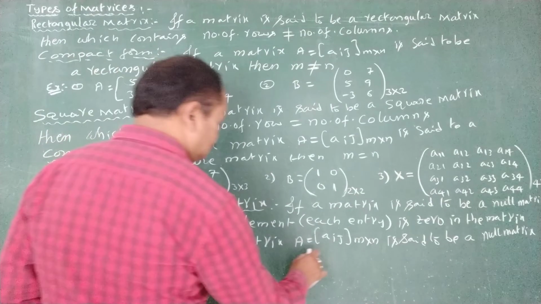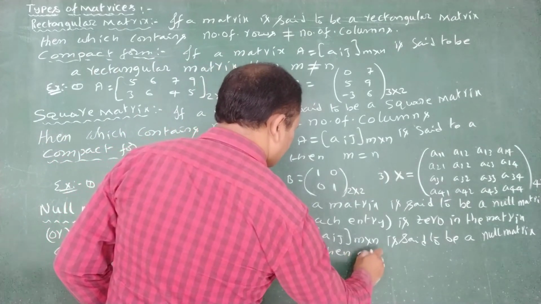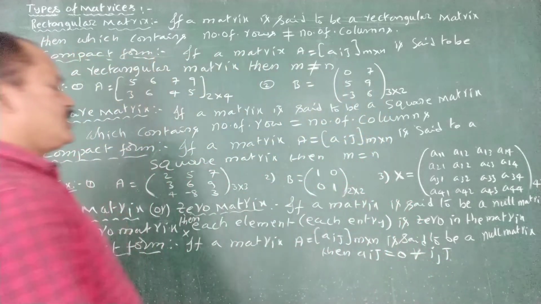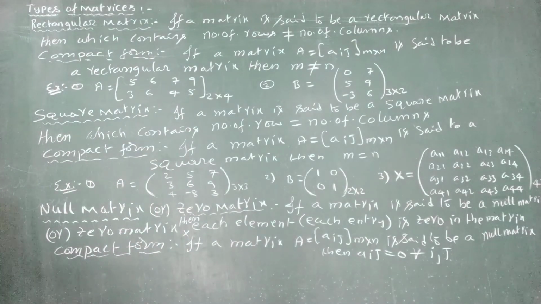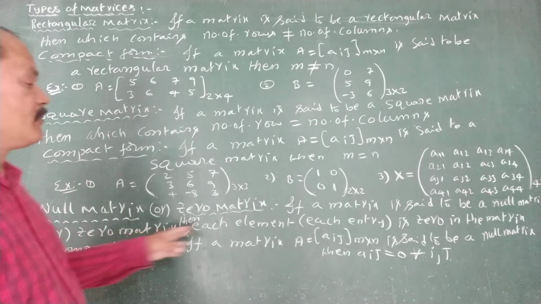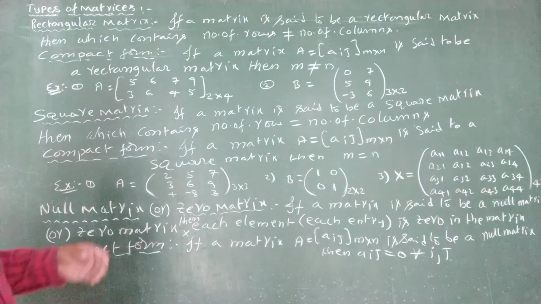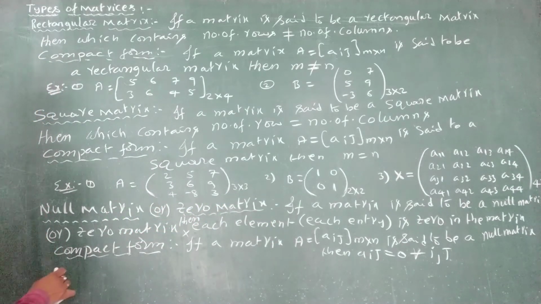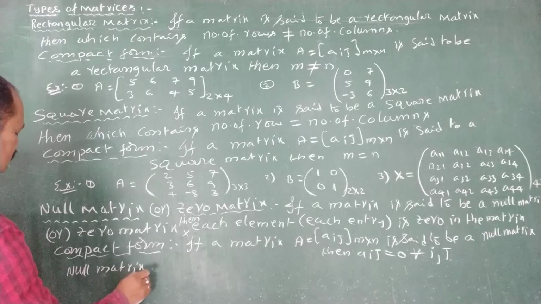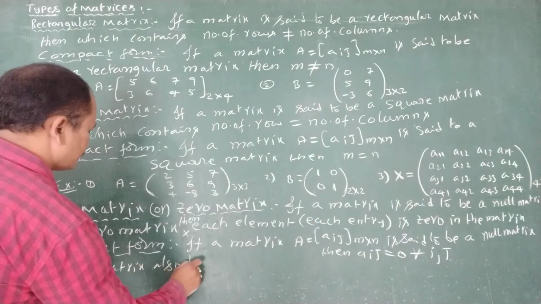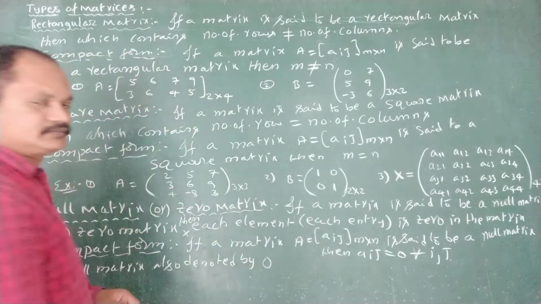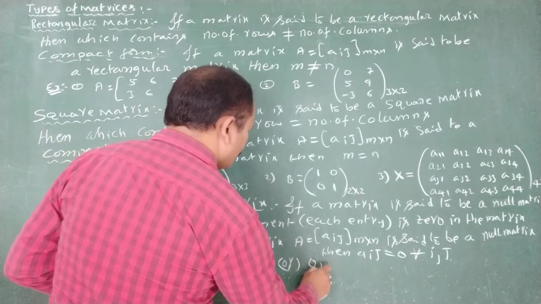So aij is equal to 0 for all i, j. That's why this null matrix is also denoted by O, or O m by n.